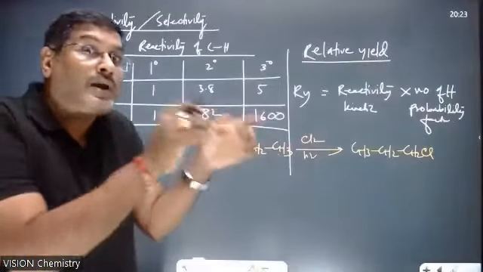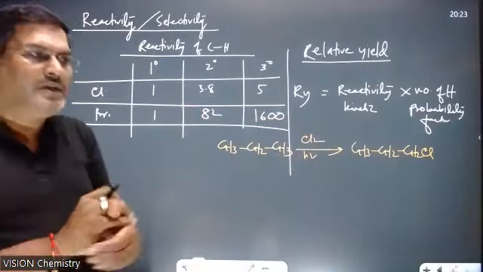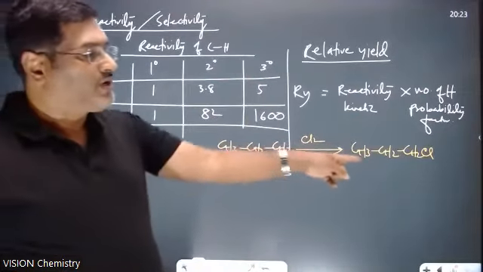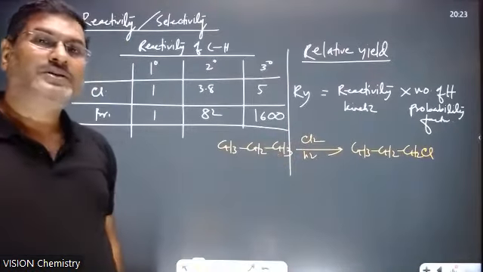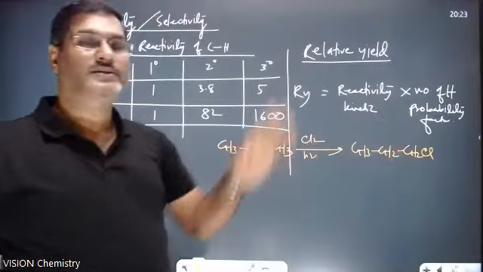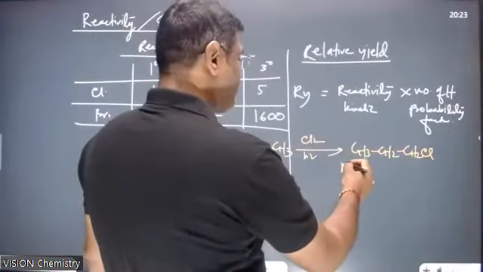When that collides with those hydrogens, then only the reaction will take place and the product will form. So what is the number of hydrogens responsible for this one? 6.